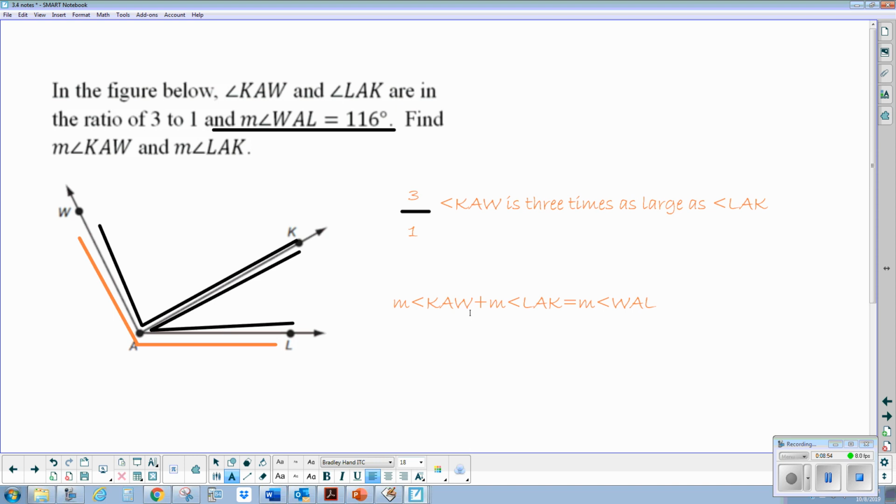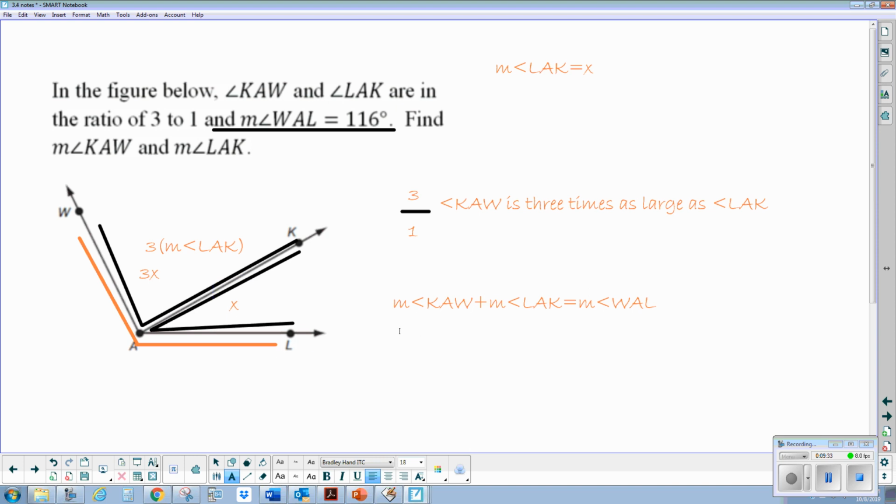Now, I don't know what KAW is, and I don't know what LAK is, but I do know that this is 3 times the measure of angle LAK, because it's in the ratio of 3 to 1. So let's just say the measure of angle LAK equals x, some unknown variable. Therefore, this is 3x, and LAK is just x.